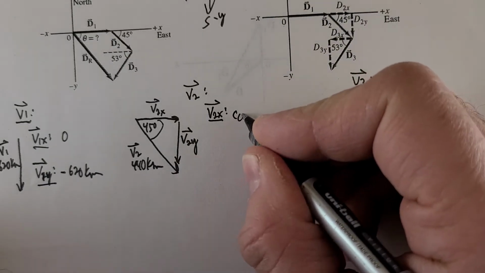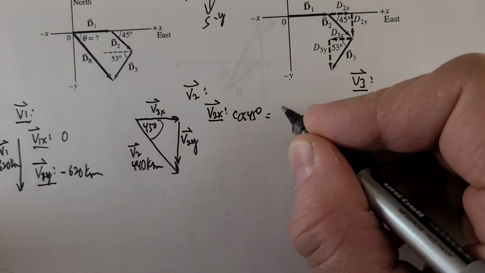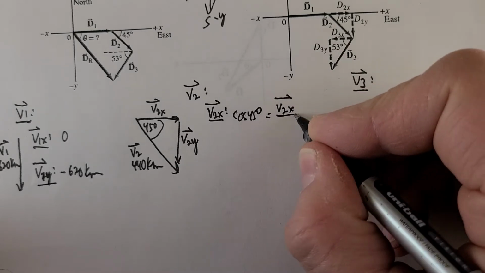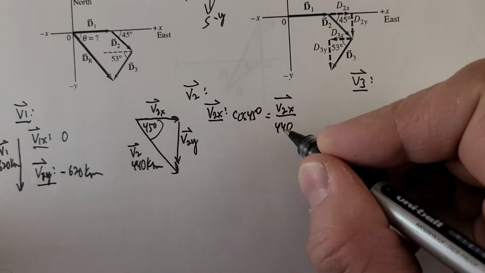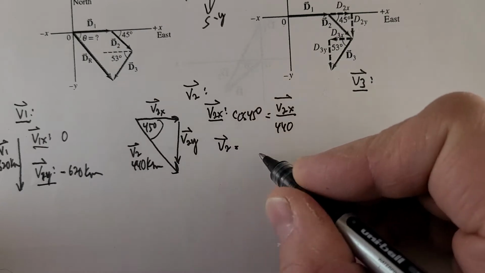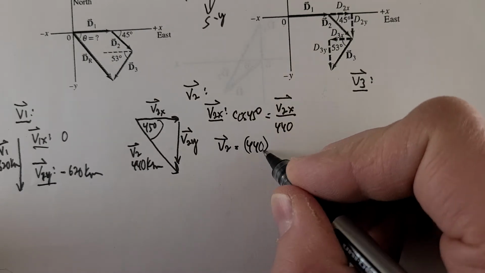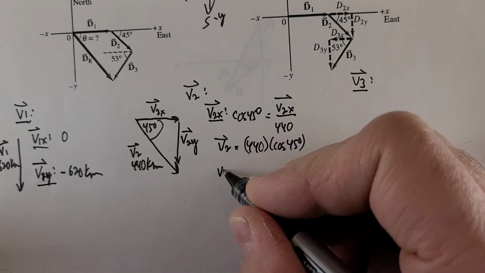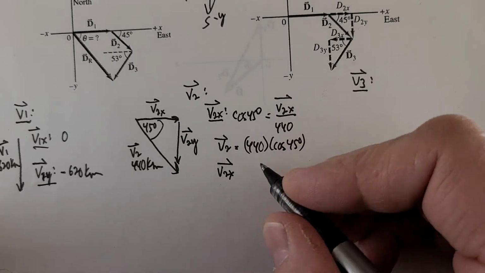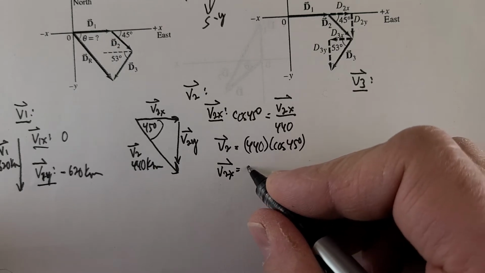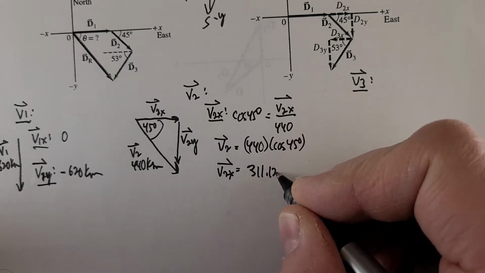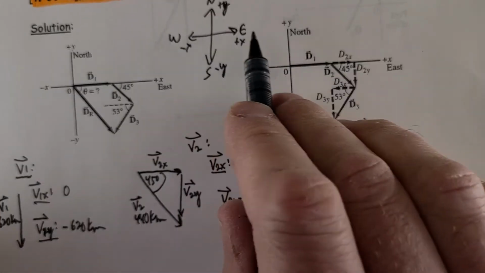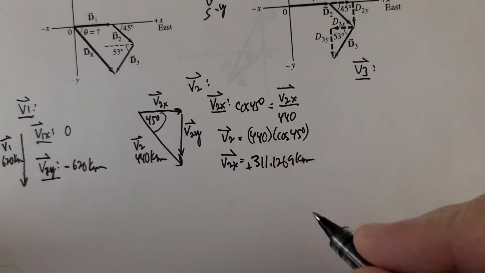So V2x, figuring that out, as we can see in this case it's the adjacent side. So we're going to be using cos of 45 equals V2x over the hypotenuse 440. So V2x is equal to 440 multiplied by cos of 45. That's going to give me 311.1269 kilometers. And that x is moving to the right, which is positive x. So I'll put a positive there.